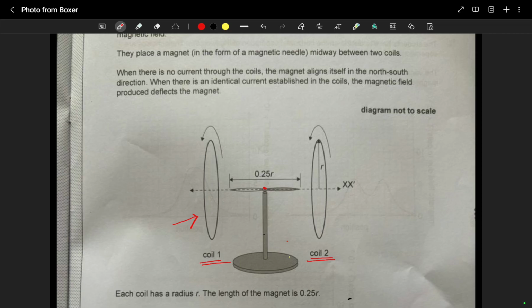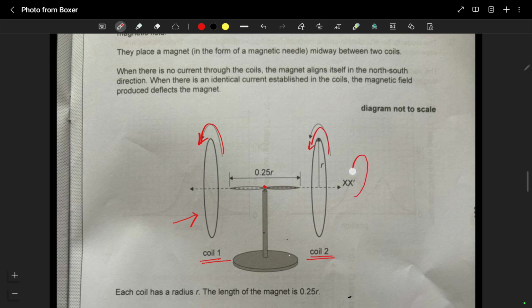Let us quickly talk about the direction of that magnetic field. The arrows are in this direction. Using my right-hand thumb rule, if I curl my fingers in the direction of current, the direction of current is like this. Sorry, I'm very bad at drawing. I would see my thumb pointing in this direction if I look from this side, and if I look from the other side, it will be in the opposite direction.